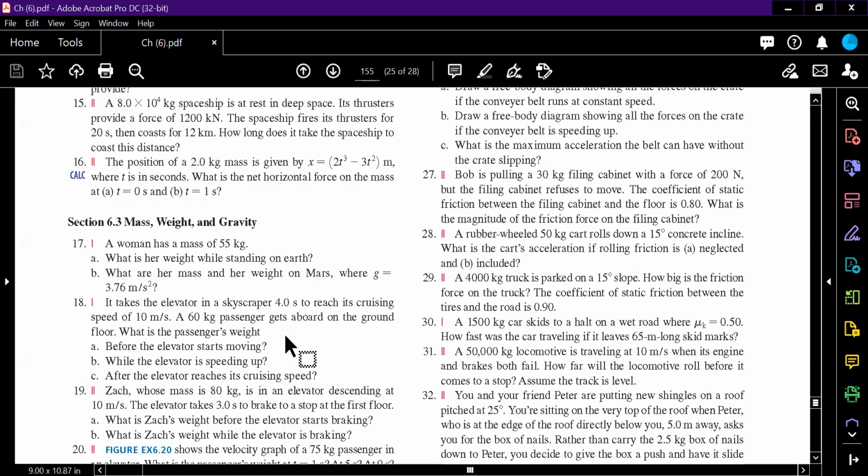What is the passenger's weight? A, before the elevator starts moving. Okay, so this one would be good to work out, number 18. Let me just make sure the numbers are right. So 10 meters per second and 4 seconds. And what's the person's mass? 60 kilograms.